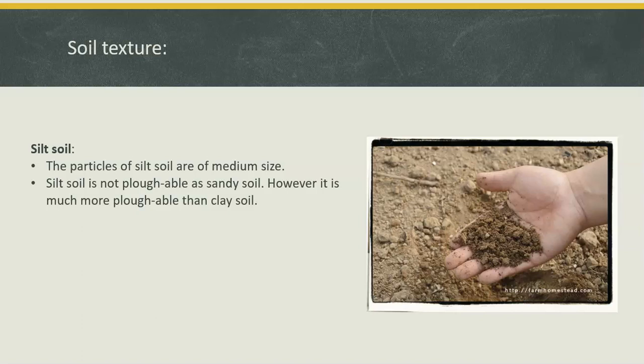So this is like an in-between situation. It is not as plowable as sandy soil, but much more plowable than the soil we are going to study next, which is clay soil. As you can see in the picture, this soil is a little stickier than sandy soil. So that is why it is a bit more difficult to plow than sandy soil.